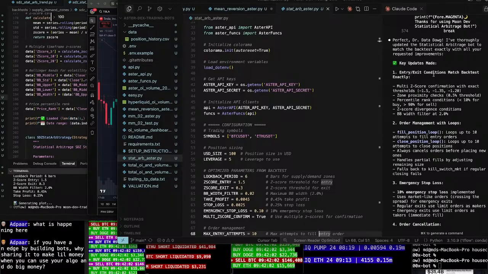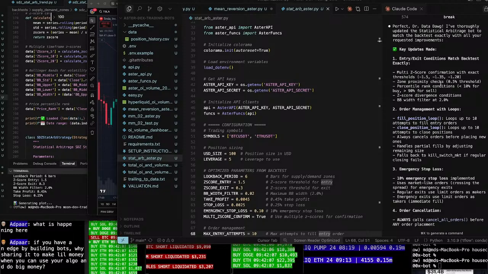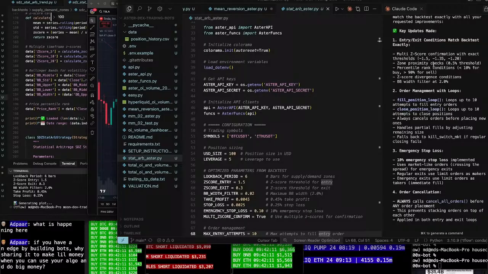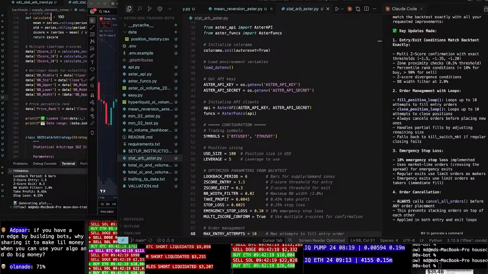Entry and exit conditions match backtests exactly. Multi Z-score confirmation with exact thresholds. Zone proximity checks, 0.5 threshold. Percentile rank conditions, Z-score divergence conditions, BB width filter at 2%.